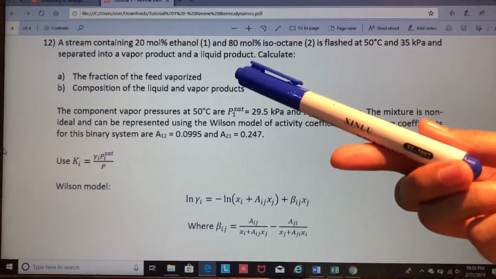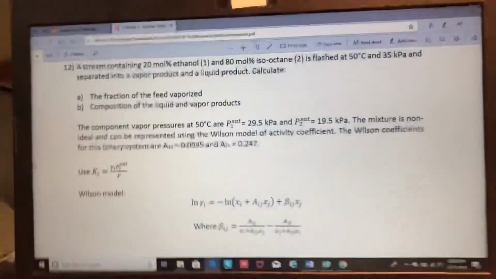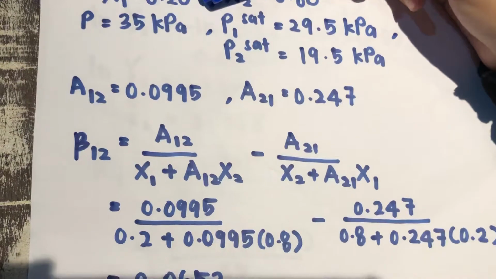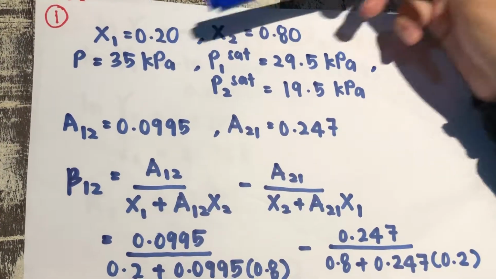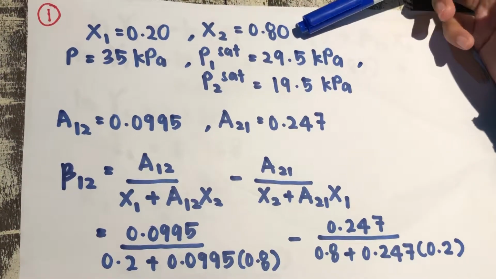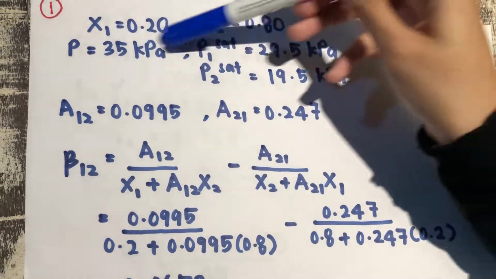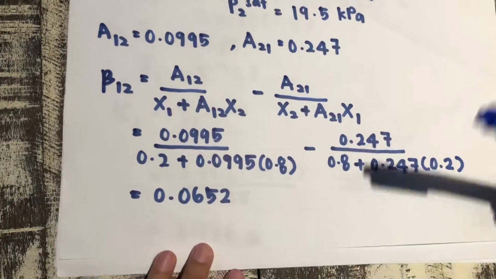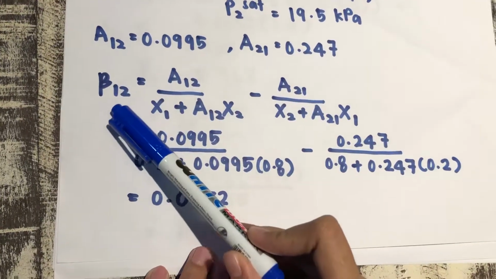This is the K value. So first of all, we have this X1. X1 is the ethanol molar fraction and X2 is the isooctane molar fraction. These are all the values given from the question. And first, we have to find beta 12.